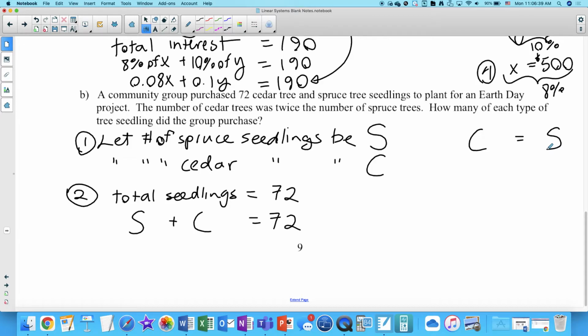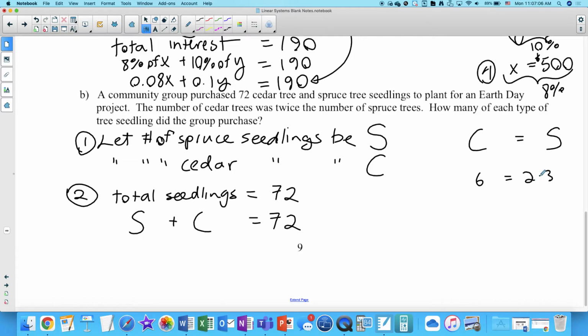And what I always tell people, if you feel like you're guessing, okay, then suppose let's say there are 3 spruce trees, okay? How many cedar trees would there be then? 6. What do you have to double to make them equal to one another? The 3, right?